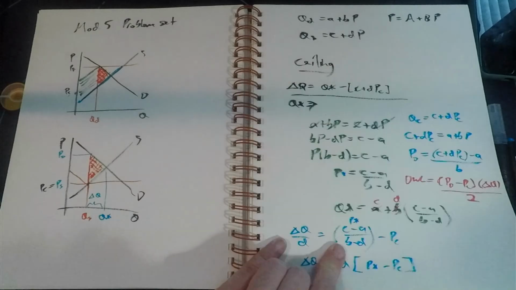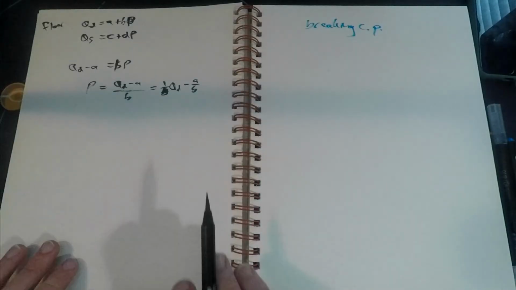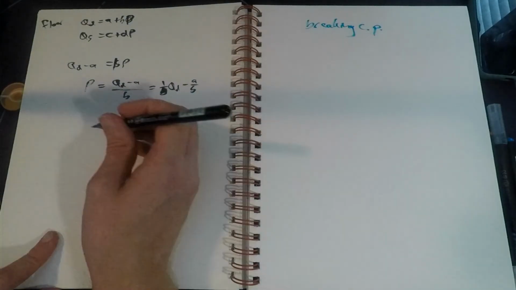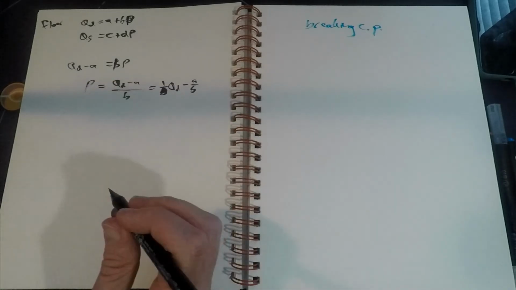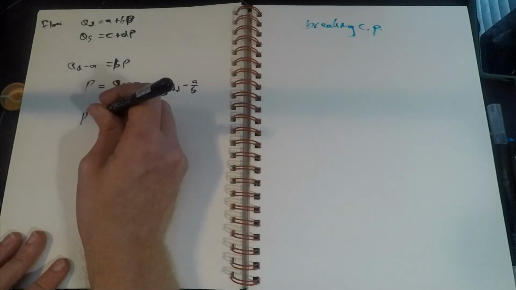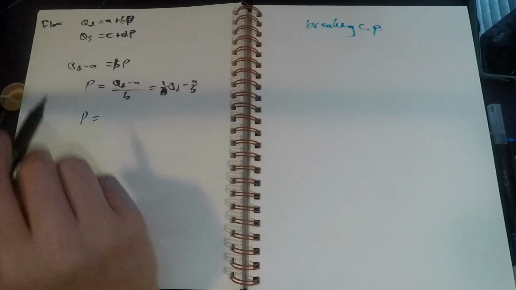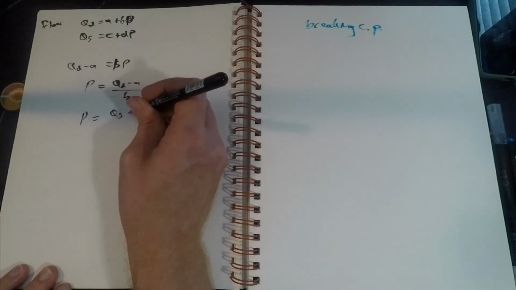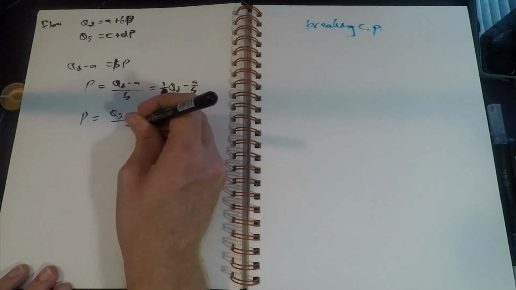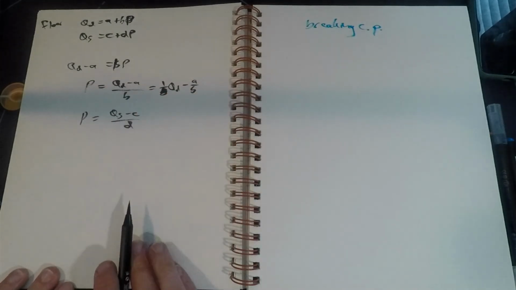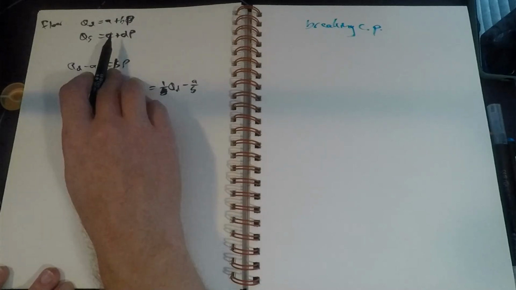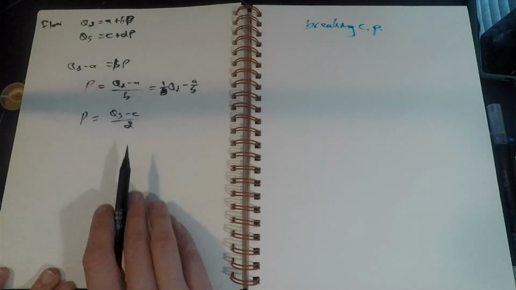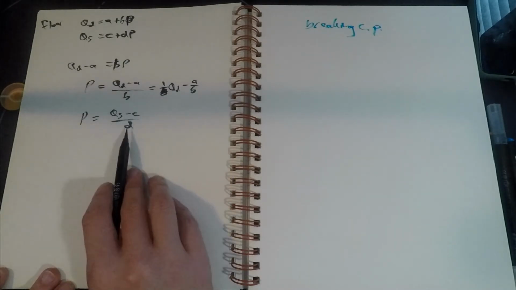You got to do a little bit of rearranging to get it right. So we're going to have that price, and then we're also going to have the price in equilibrium for the supply curve, which is going to turn into quantity supplied minus C over D. Same basic steps to get this. We're just subbing out A and B for C and D.